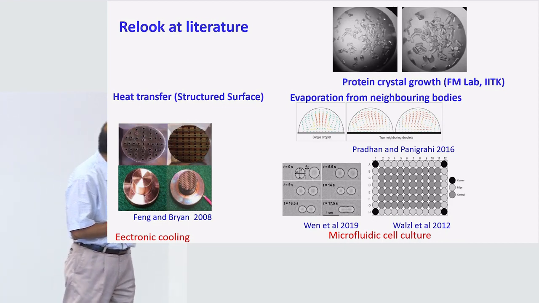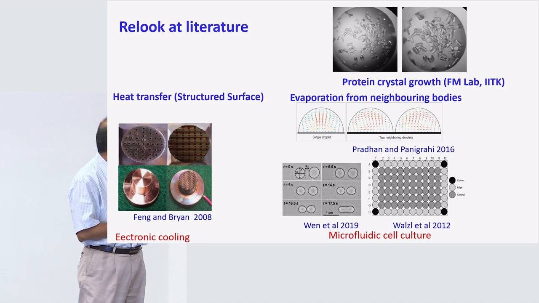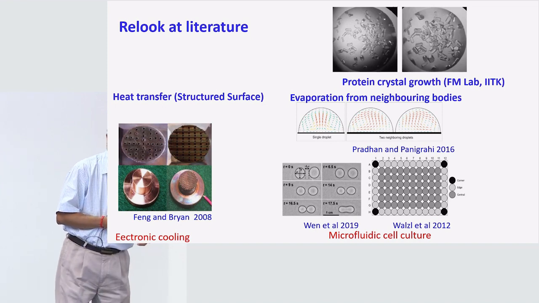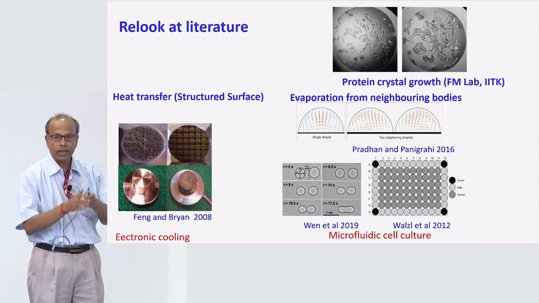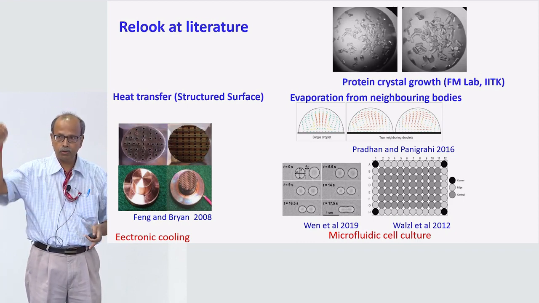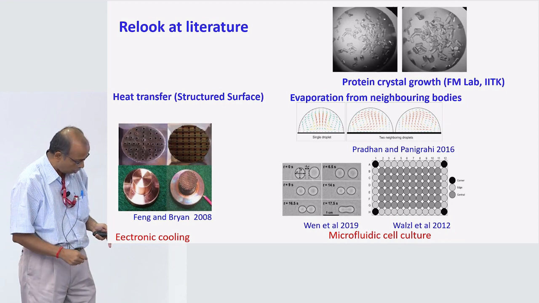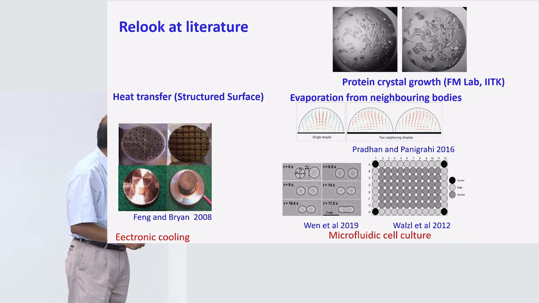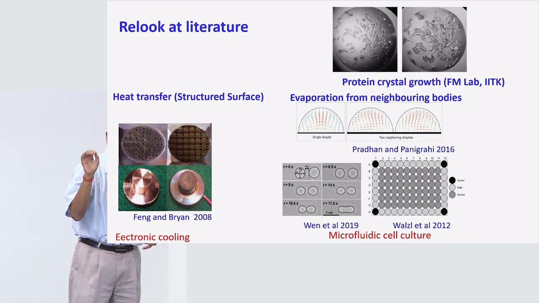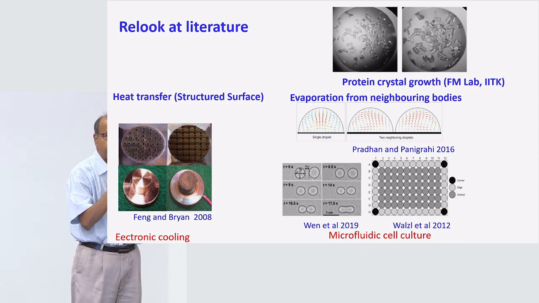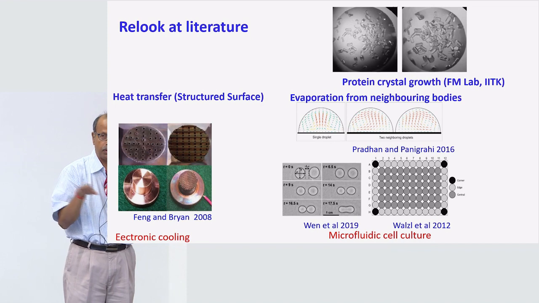Then the third application I was looking at is a microarray for screening drugs. They had made 96 microwells to screen different kinds of cancer drugs. In these drugs, it is very important that the convection in the well is maintained at a uniform level.